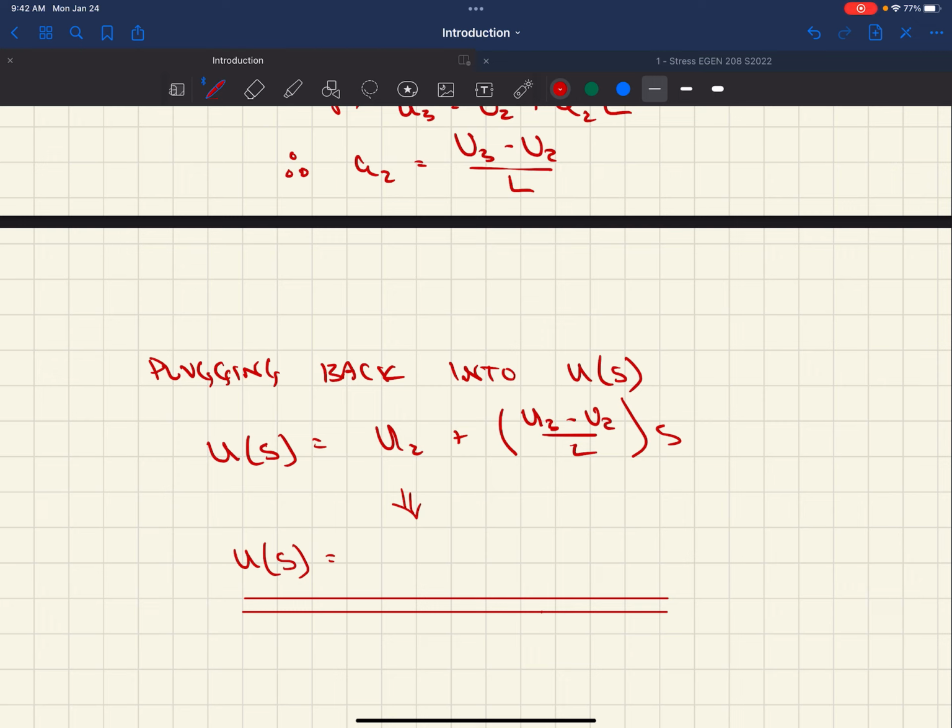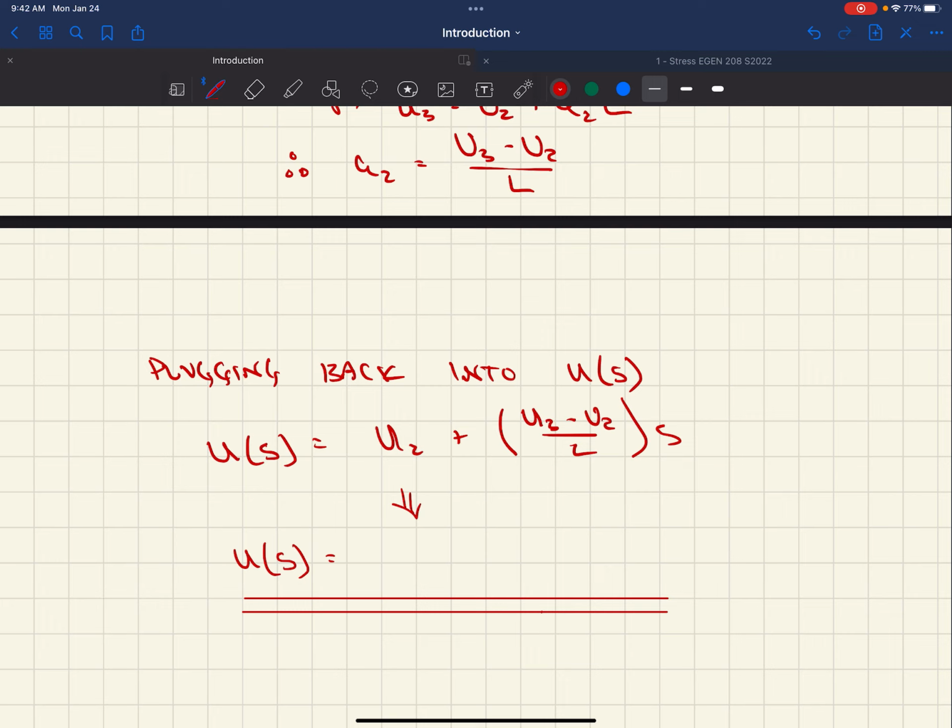We're going to solve for nodal values. And when we have the nodal values, which would be U2 and U3, we can then figure out, based on our interpolation function, that if we know U2 and U3, at any given value of S as we move from one end to the other, we can figure out what the displacement is. U2 and U3 then become essentially constants in this equation, and what changes is S as we move from one end of the element to the other.